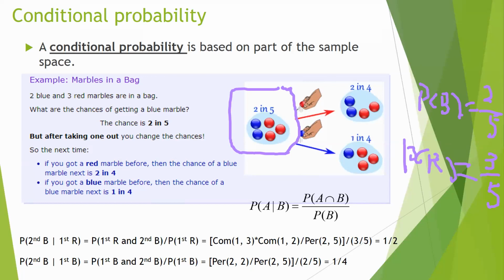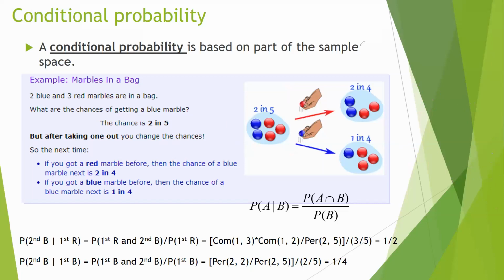So that's the absolute probability, the simple probability. However, if the question is described like this: if you got a red marble before, then what is the chance of getting a blue marble? This is not a simple probability problem now. It's a conditional one.